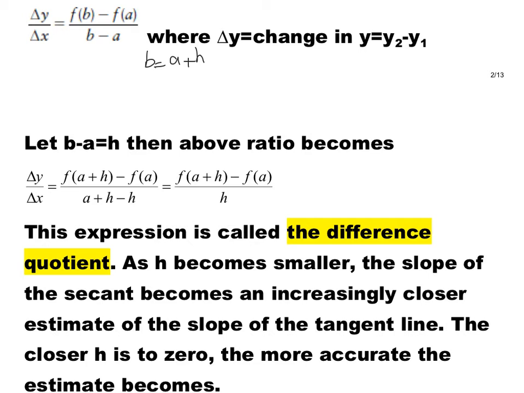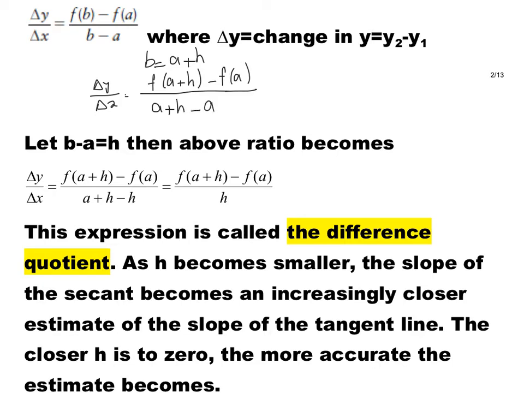If I replace b with a plus h, I'm going to get delta y over delta x is equal to f of a plus h minus f of a over b, which is a plus h minus a.